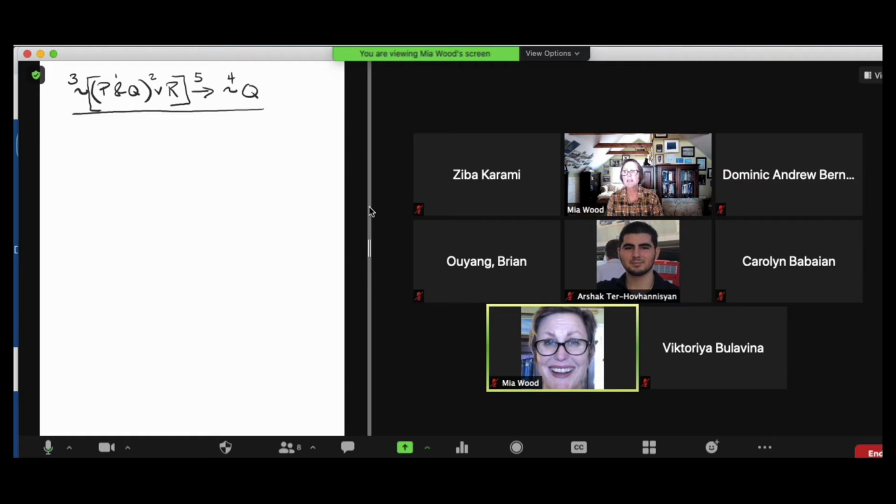Now, Arshak, you're right that there are 4 iterations, right? So there are 4 appearances of an atomic sentence. But notice, Arshak, that Q is repeated. So we've got 3 atomic sentences, or 3 simple sentences, which means we have a total of 8 rows, right?